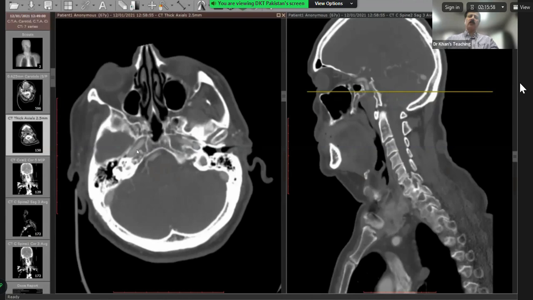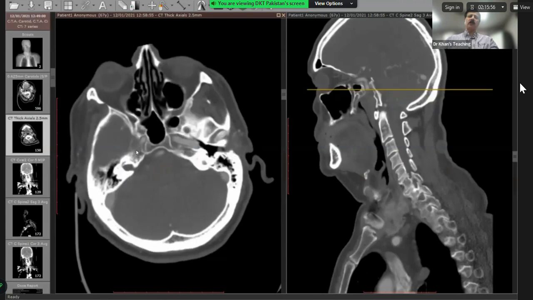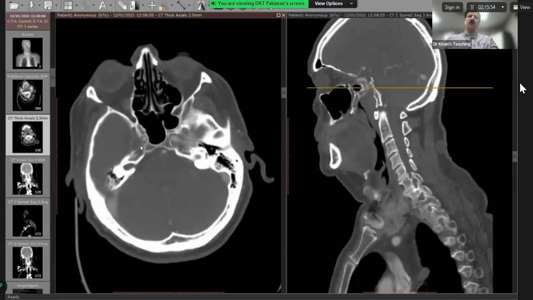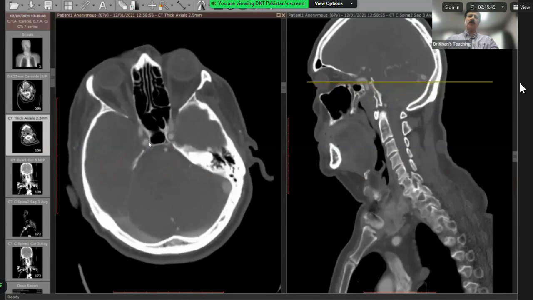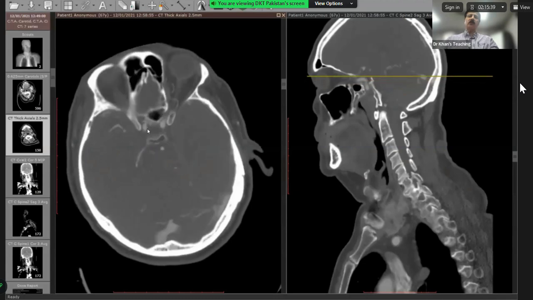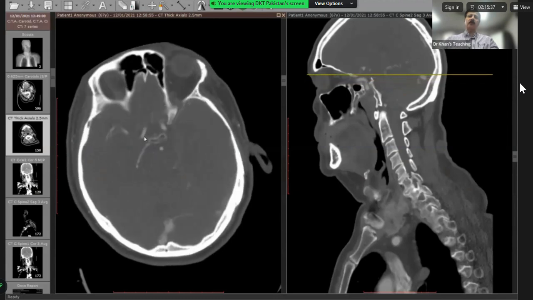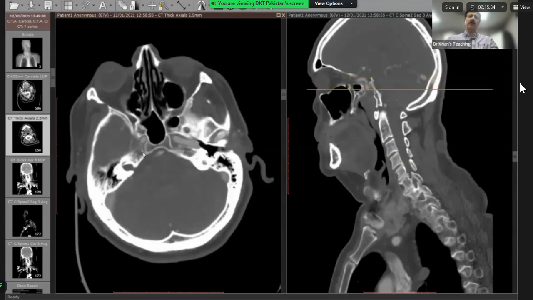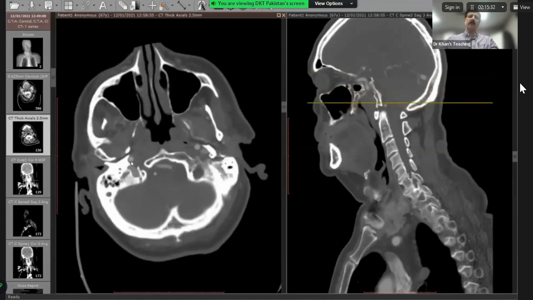It is passing through the petrous part. Here, it is passing superior to the level of the foramen lacerum. And here, it is going into the cavernous portion, cavernous sinus. And of course, then there is the supraclinoid portion. That's not part of our mandate today. We are just interested in the carotid canal.